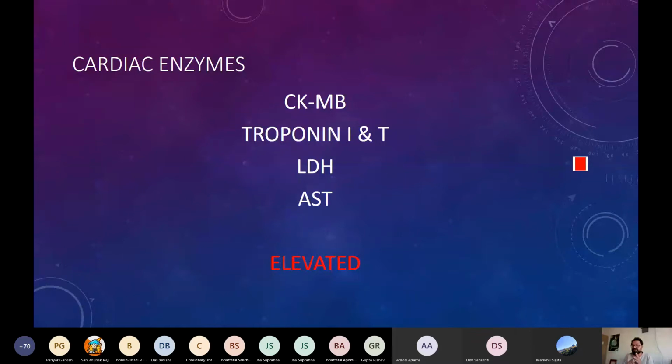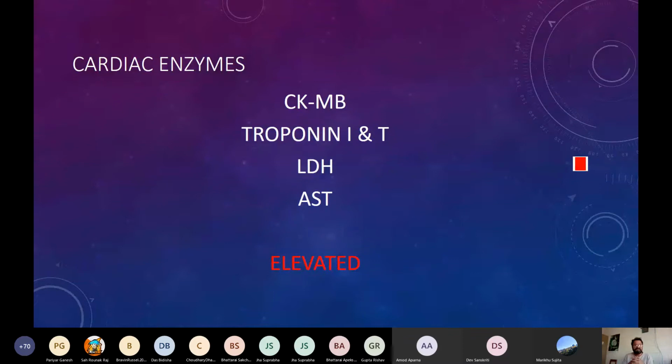CKMB and troponin are highly cardioselective. There are other markers like myoglobin, which is also elevated, but myoglobin has a problem. It cannot differentiate cardiac muscle from skeletal muscle. Both of them will liberate myoglobin if destroyed.